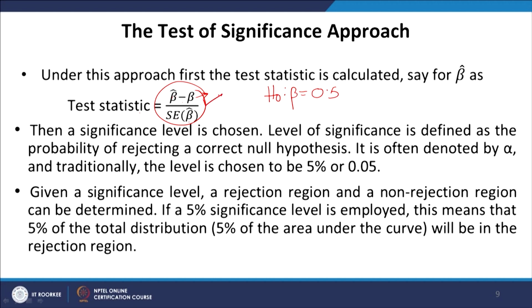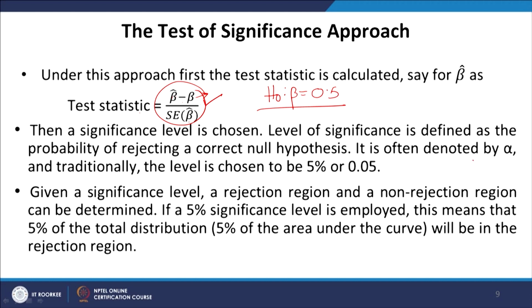So, we can always construct a test statistic given the null hypothesis, or under the null hypothesis. Then a significance level is chosen. Level of significance is defined as the probability of rejecting a correct null hypothesis. It is often denoted by alpha, not to be confused with the constant term alpha in a regression model.